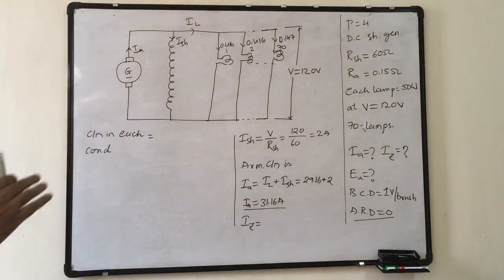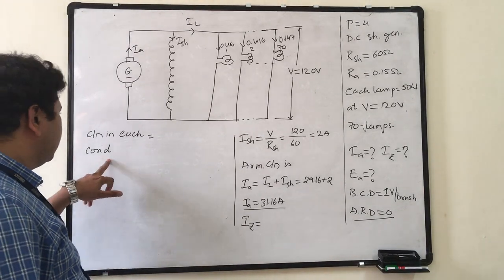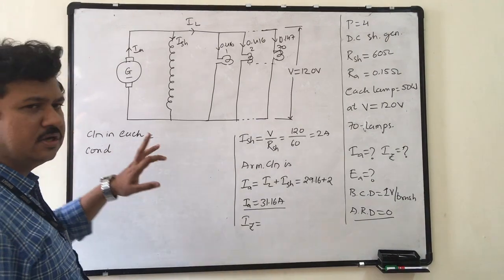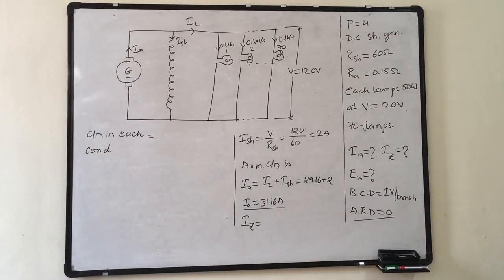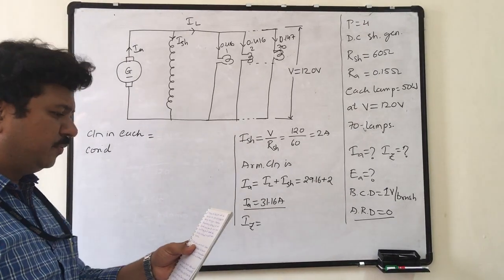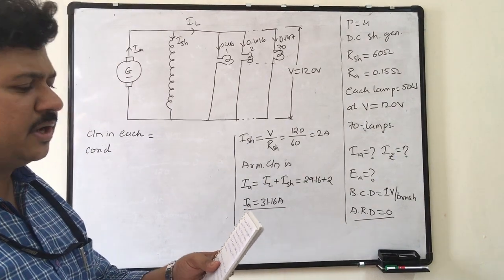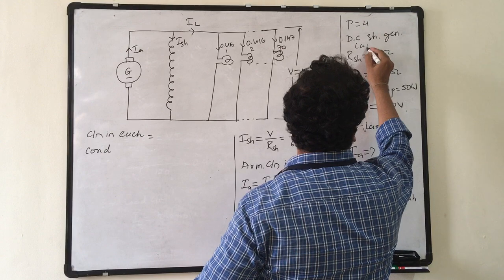We know there are a number of parallel paths we are using. Now how should I choose the parallel paths? Based on what? That information is given: a 4-pole DC shunt generator with lap connected armature.